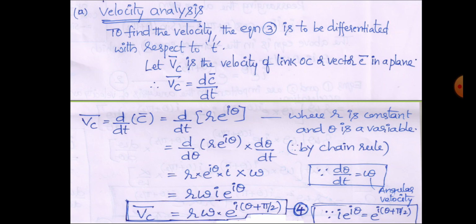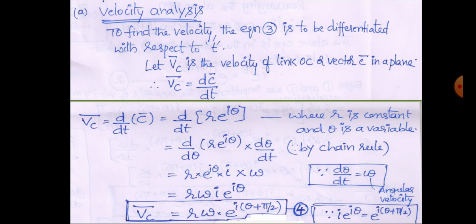So therefore, VC bar is equal to d by dt of C bar, and C bar is nothing but r into e power I theta. Now I should differentiate r, the magnitude of the vector, which is constant; the only variable is theta. So I should differentiate with respect to time through theta.